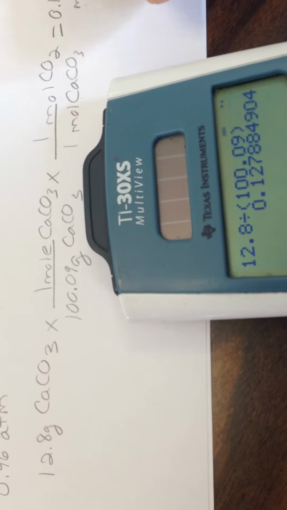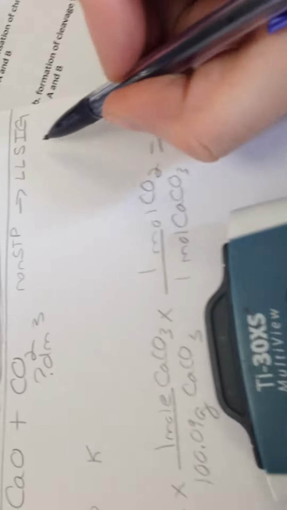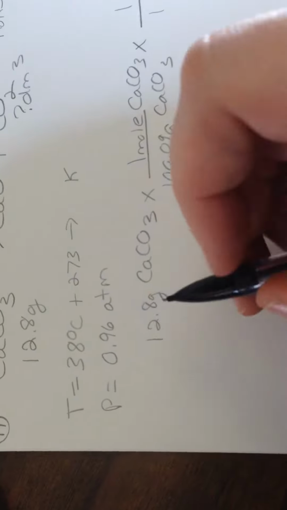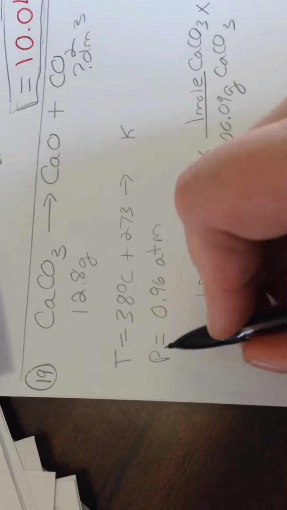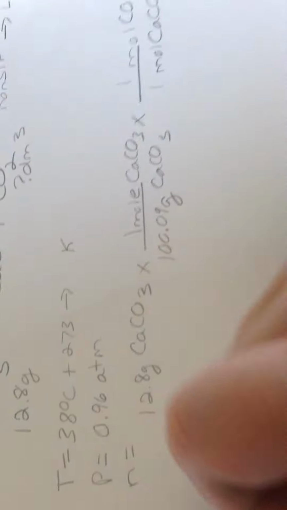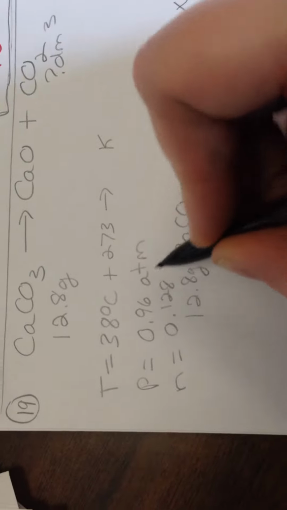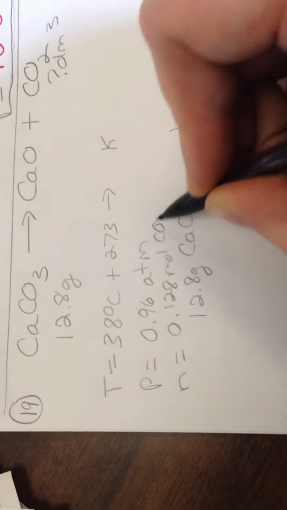And that is moles of carbon dioxide. After stoichiometry, we do ideal gas. So we already have our pressure, we have a temperature, we know our N, we just found that as our moles. So 0.128 moles of carbon dioxide.